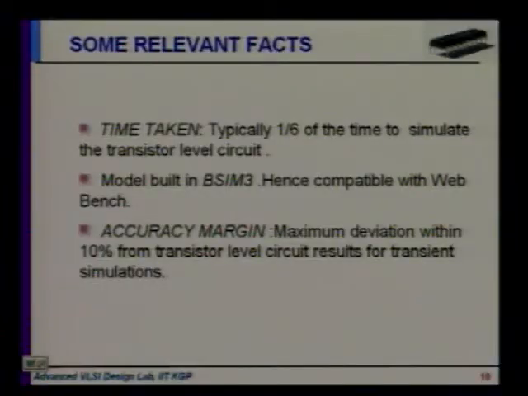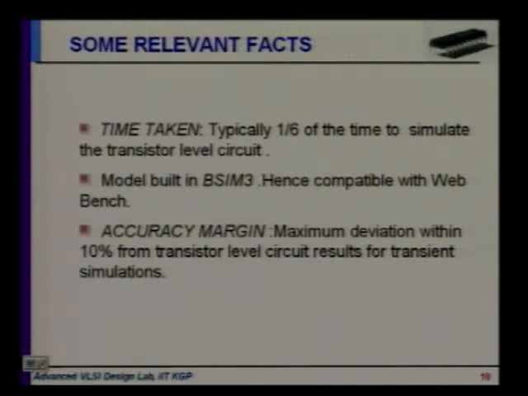One thing it has been seen is that after simulating an actual transistor level netlist, where almost 50 to 60 transistors are there for an op amp, the macro model simulation gives almost a 6 times improvement in simulation time.